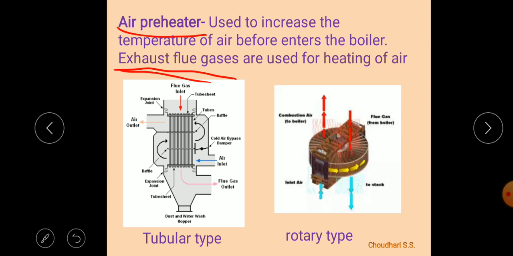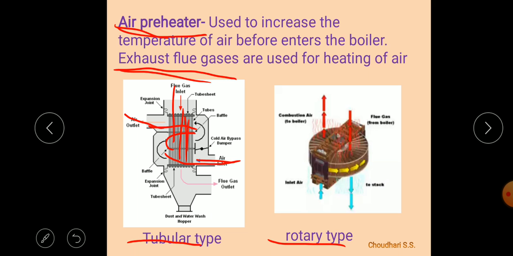There are different types of air preheater. Here we have shown two, tubular and rotary type. In the tubular type, the hot flue gases flow through the tubes, and the air that is supplied to the furnace comes from this side and flows over these hot tubes and gets heated.